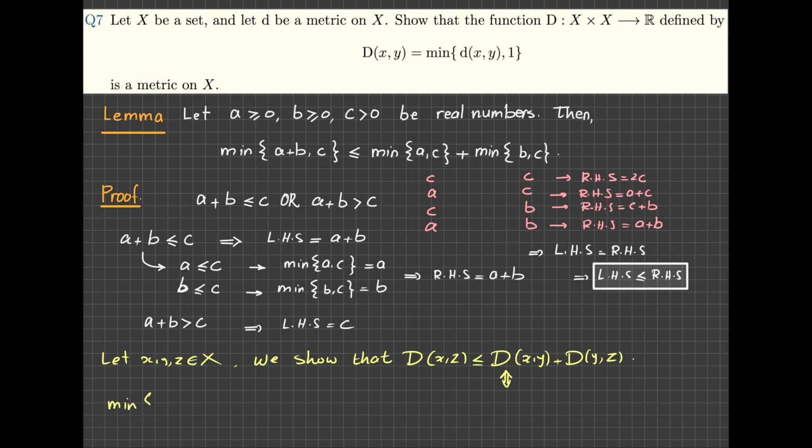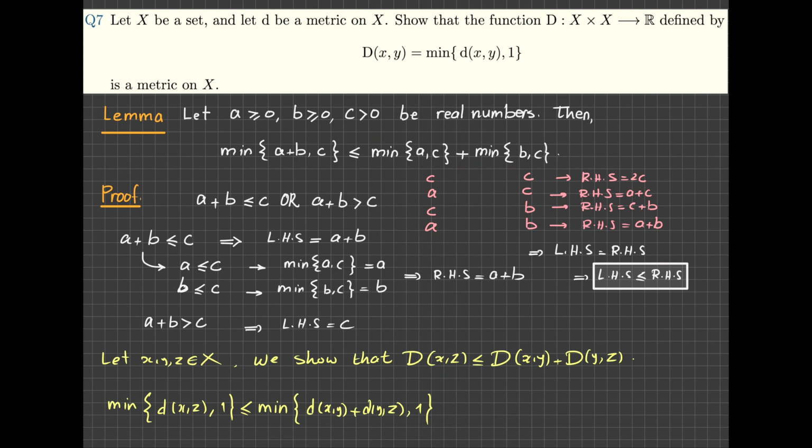This is the minimum of little d of x and z and 1. Let me start from here. We know that the minimum of this is smaller than or equal to the minimum of d of x and y plus d of y and z, and 1.